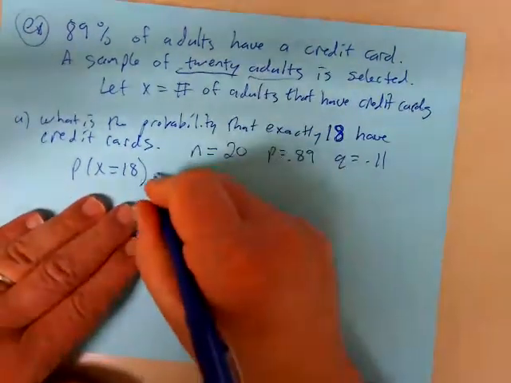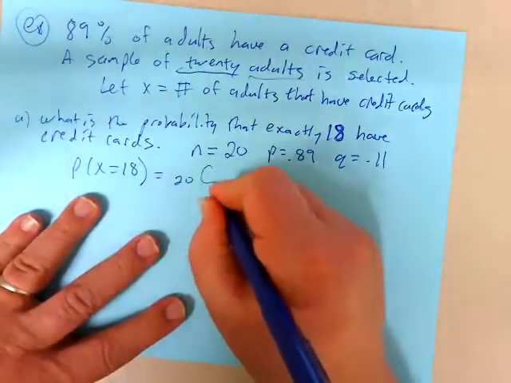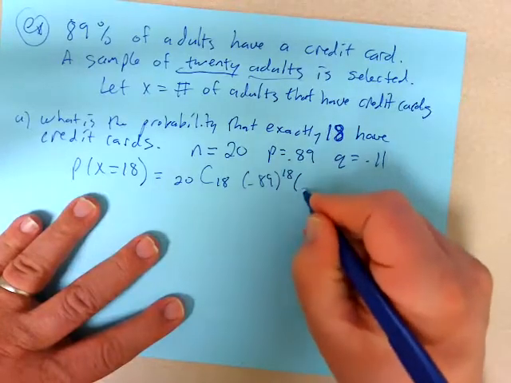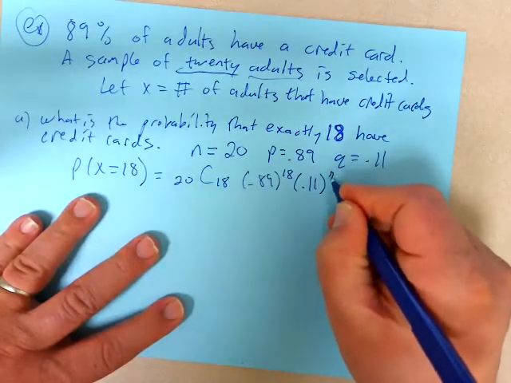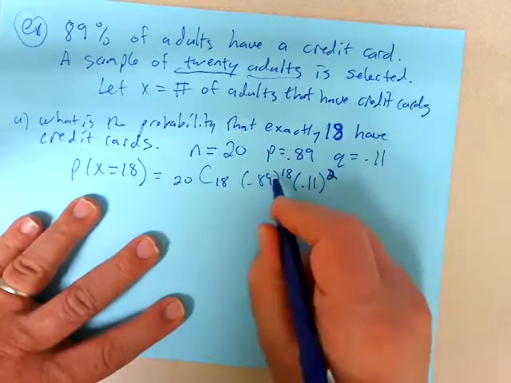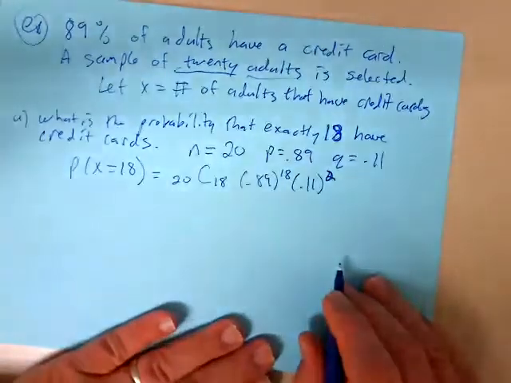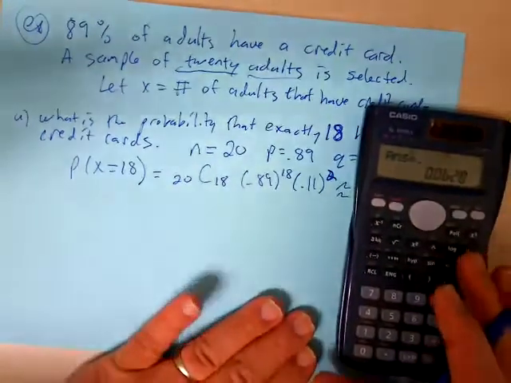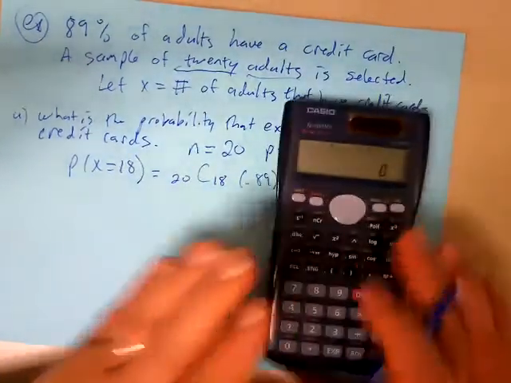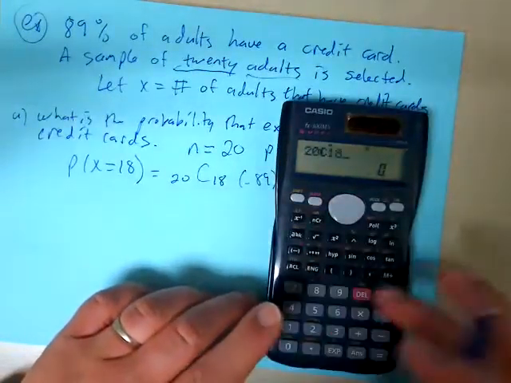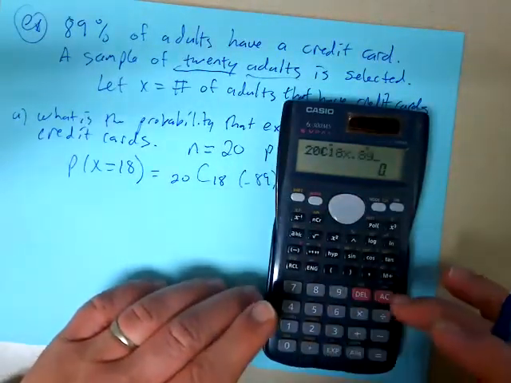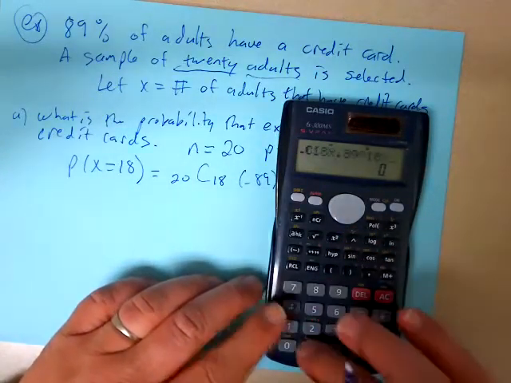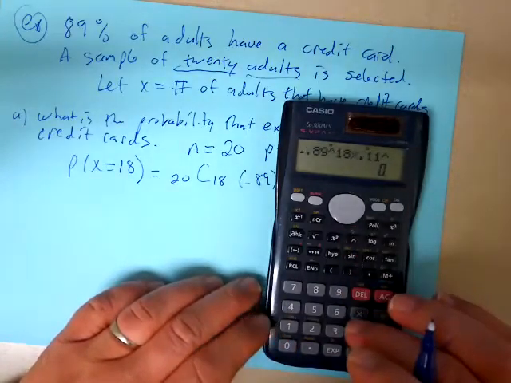So if I want exactly 18, then I'm going to do out of 20, choose 18 successes, 0.89 to the 18th, 0.11 to the second. Okay, if I want 18 successes, then I want 2 failures. And that'll give me the probability of exactly 18. Okay, so 20 choose 18 times 0.89 to the 18th, times 0.11 to the second.